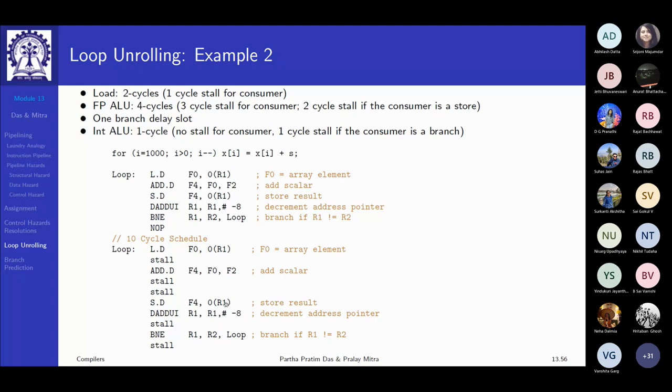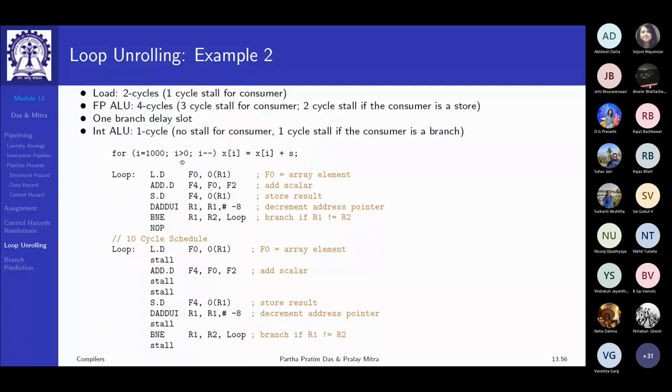I don't need a stall after the store because it will happen independently once R1 has been read at the initial point. Then the decrement will stall for 1 cycle, integer arithmetic.